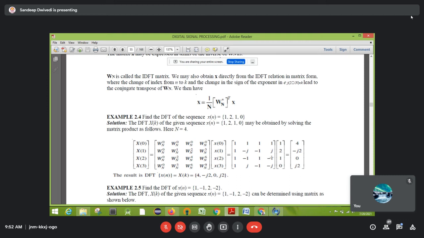For the second row, you take it and put it on the same column, and add all these multiplication elements. So the first one 1 into 1, then minus j into 2, so this will be minus 2j. Then minus 1 into minus 1, so this will be minus 1, and this 1 into 1, so that will be cancelled out, and this will be simply minus 2j.